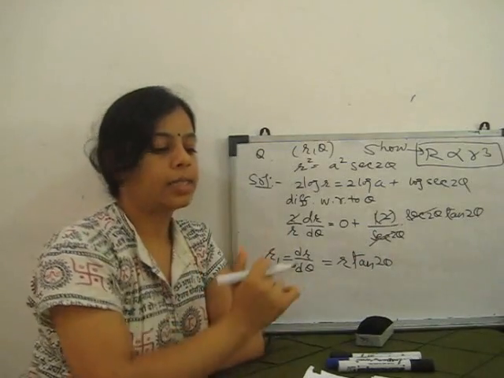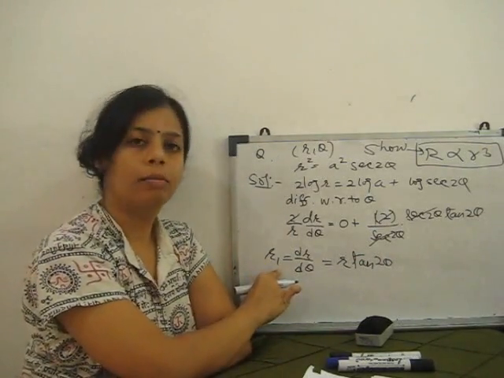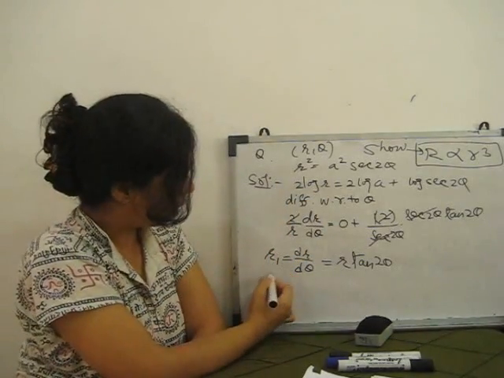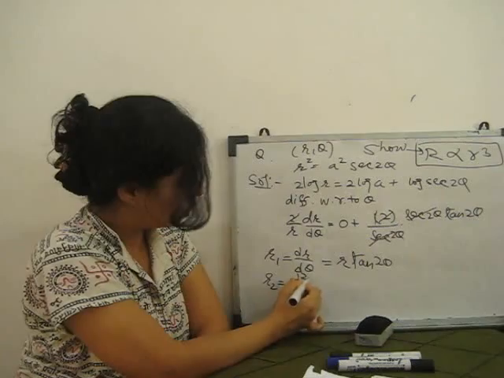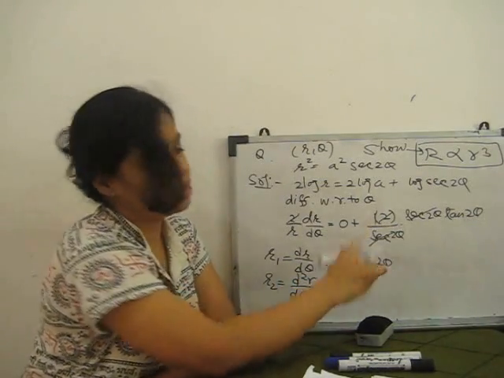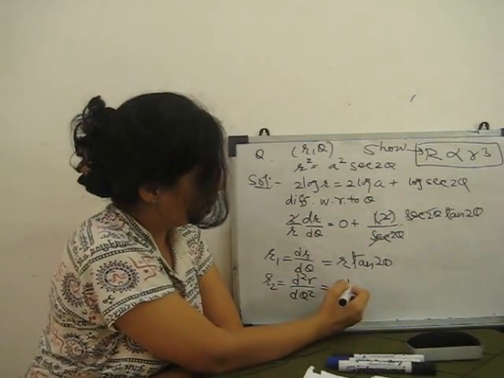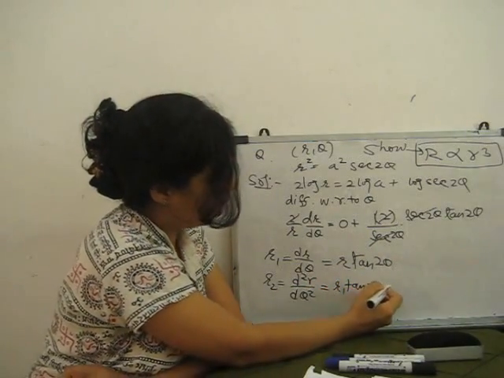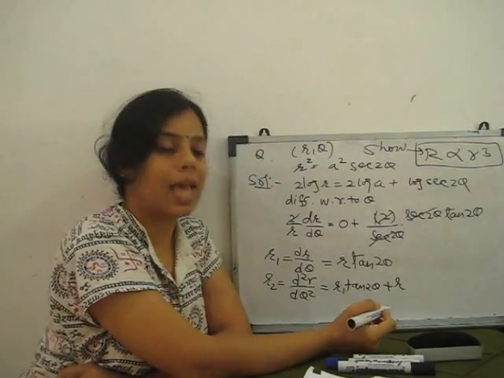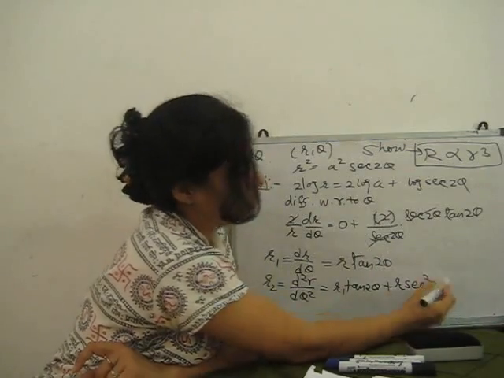R1 is found. The next step is to find r2, differentiating once more with respect to theta. When we find r2, meaning d2r by d theta square, we differentiate both terms. Differentiating r tan 2 theta gives r1 tan 2 theta plus r as it is times the derivative of tan, which is sec square of 2 theta.